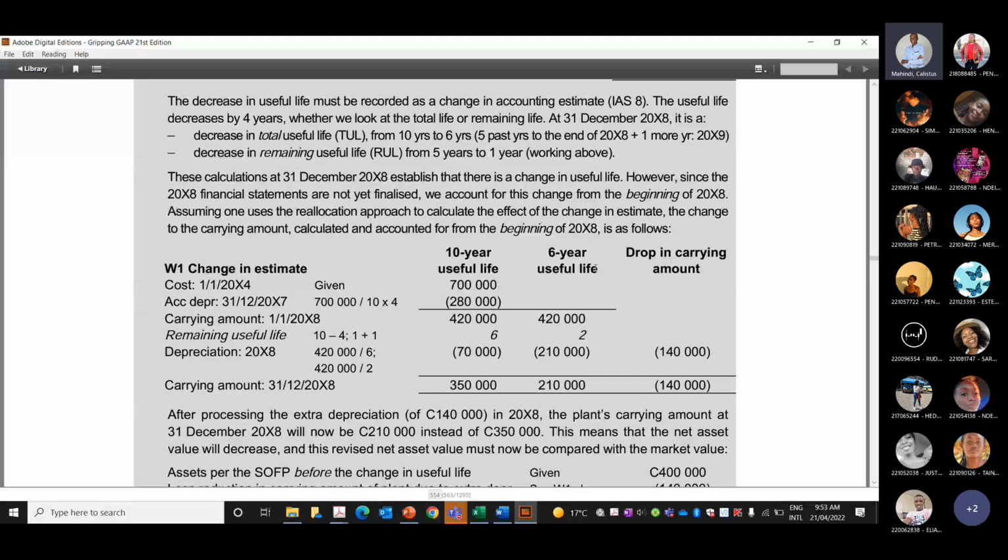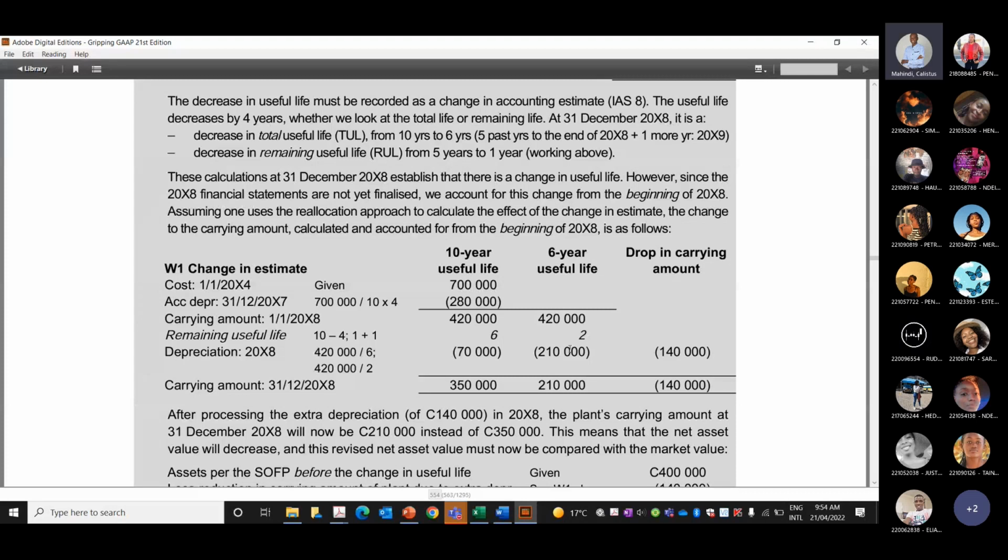However, from the beginning of 20x8, we would have had 2 years, because we would have had the whole of 20x8 and then 20x9. So when calculating the depreciation for 20x8, we take the carrying amount of 420,000, divided by 2 years, which is the remaining useful life on 1st of January 20x8, and we get a depreciation amount of 210,000, and the carrying amount of the asset would be 210,000.